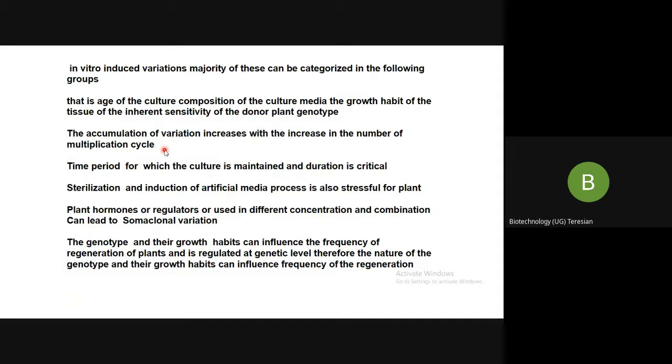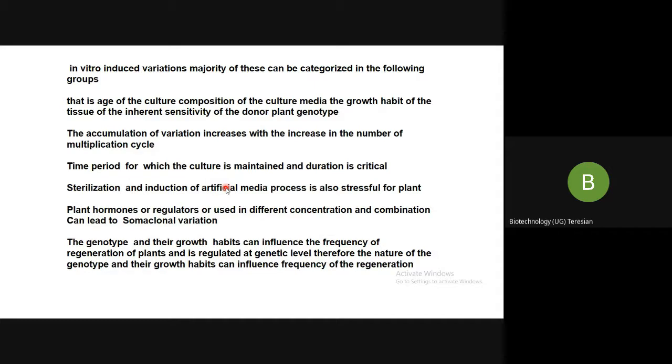But at the same time, it has to undergo so many cycles of multiplication, duplication, right? And that can lead to a variation. Further, the time period for which the culture is maintained in vitro is critical, and a longer duration of culture maintenance increases the frequency of somaclonal variation.